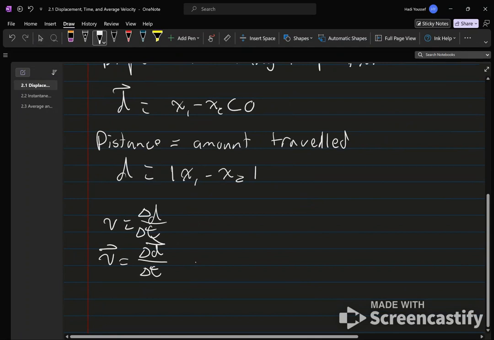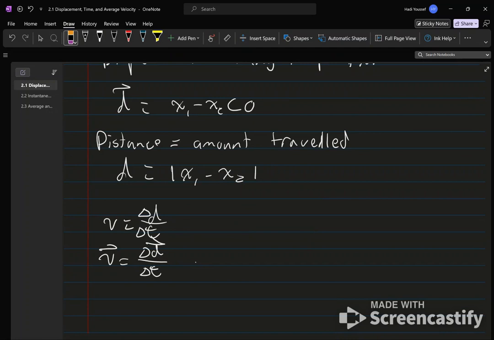We only care about where we start and where we end. We do not care about how we got there. We don't care if I traveled this weird jagged path here. All we care is that we got from here to here, so this must be the displacement, and therefore the velocity must be like that.